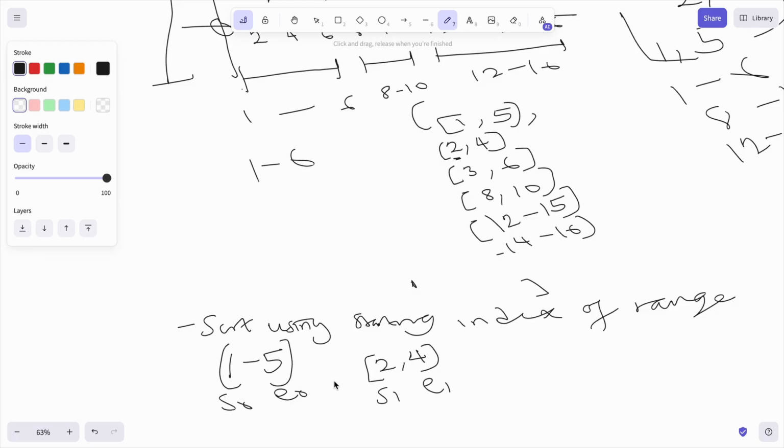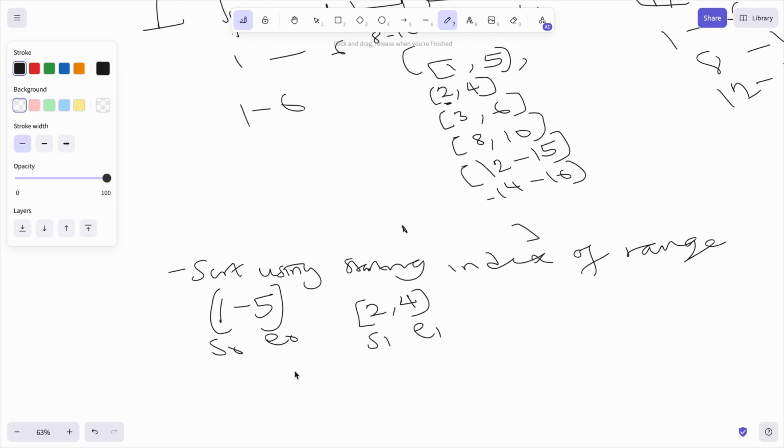The question about merging simply translates to: is the ending index of the first one greater than the starting index of the next one? If it is, it means that we can merge this one into this one. In this case we just merge. You can see that there is an overlap: this 5 is greater than 2, which is S1.